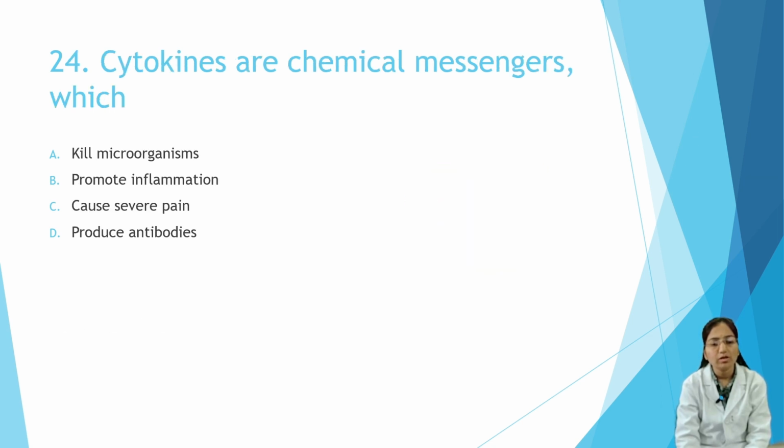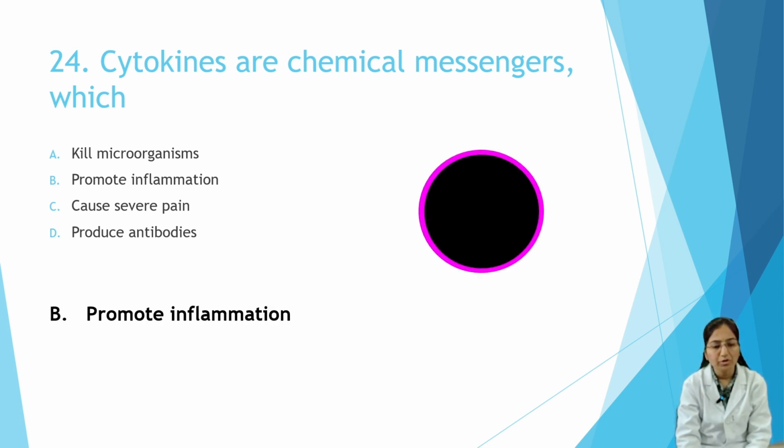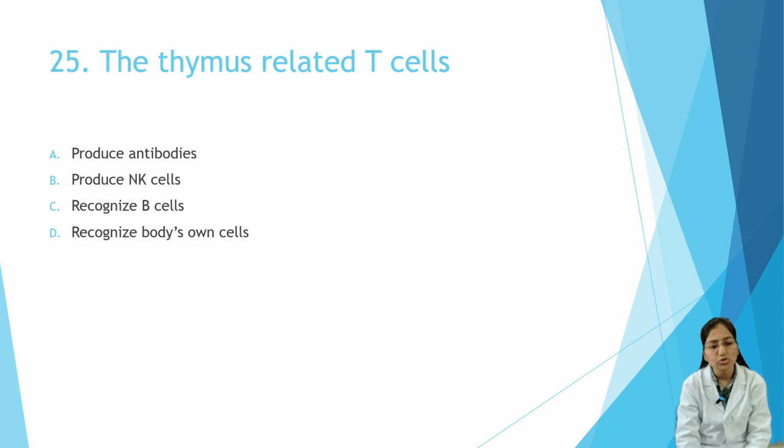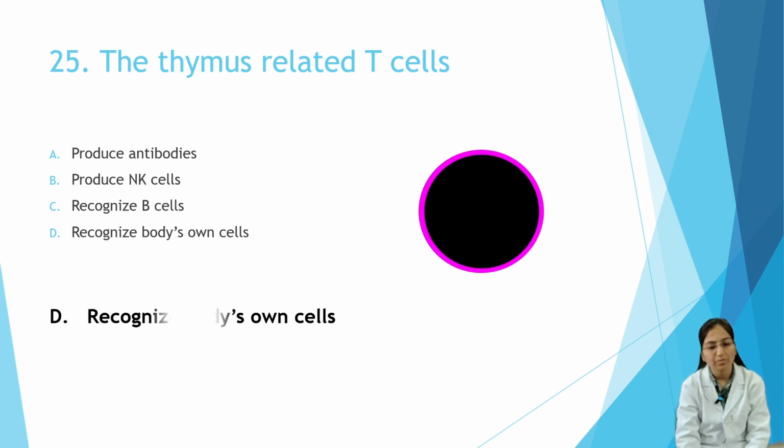Next question. Cytokines are chemical messengers, options are here, which promote inflammation. Next question. The thymus related T cells produce cells that recognize the body's own cells.